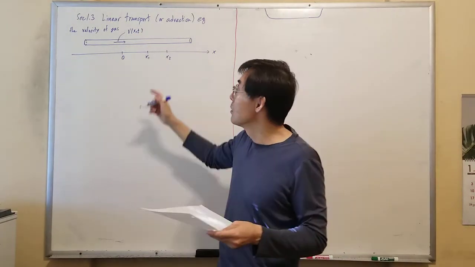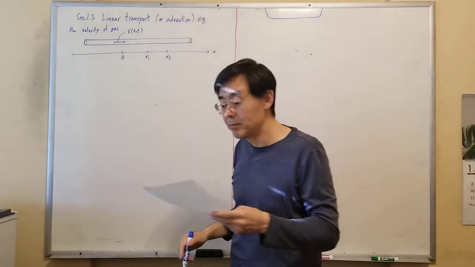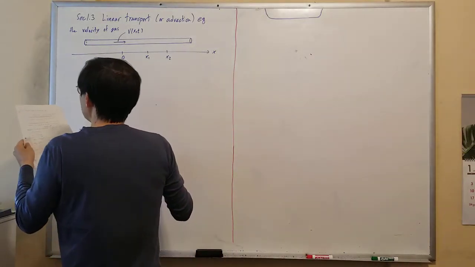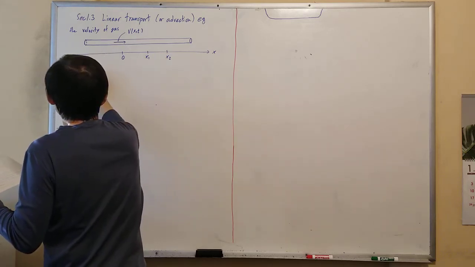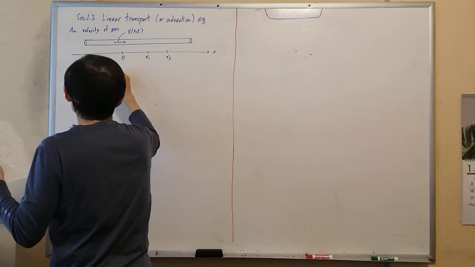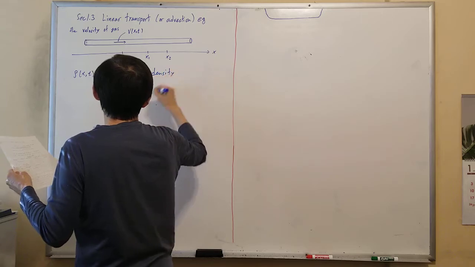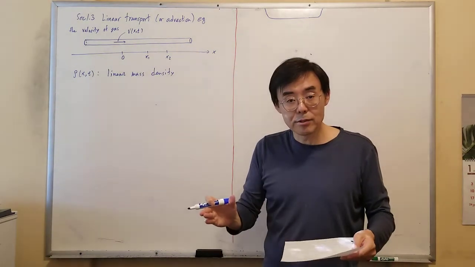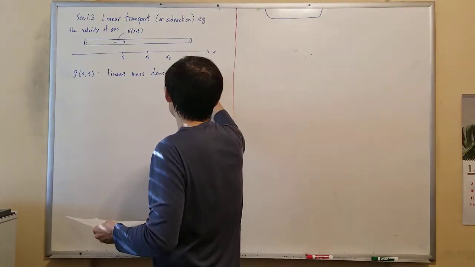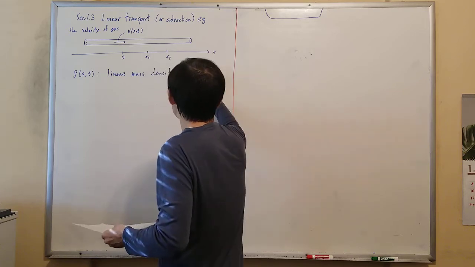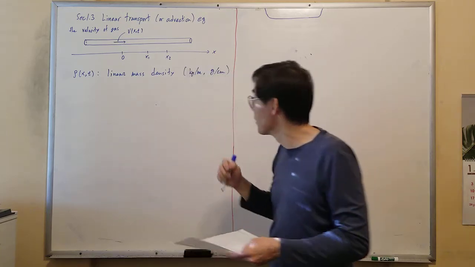Obviously, this is changing over time and also changing over position. Also, we can think about this rho of x,t as the mass density. So how much mass per unit length do you have at a certain point and time? It could be kilogram per meter, or gram per centimeter, or whatever.